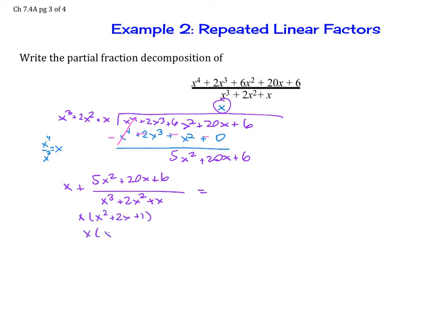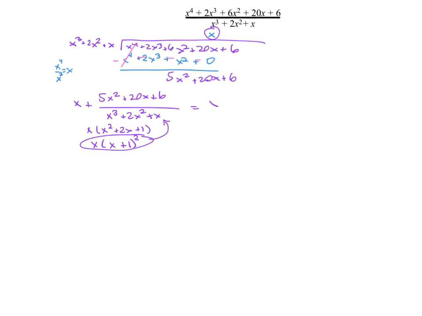And then this factors to x plus 1 and x plus 1, so it's x plus 1 squared. So that will be our denominator here. So let's rewrite it. Let me write it at the bottom actually, give us some space. So x plus 5x squared plus 20x plus 6 over x times x plus 1 squared.